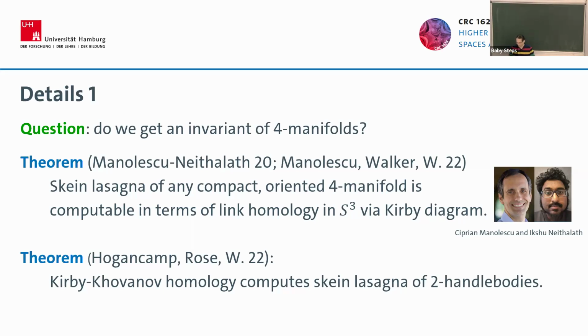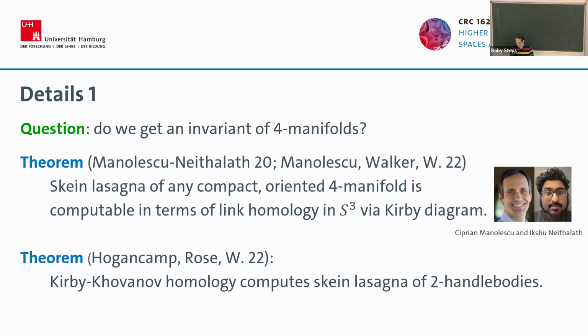The main outcome of this sequence of works is that these skein lasagna modules, these four-manifold invariants, can be computed along handle decompositions. If you see how these skein lasagna modules change under two-handle attachment, this precisely corresponds to the computation of the filtered colimit on the previous slide.